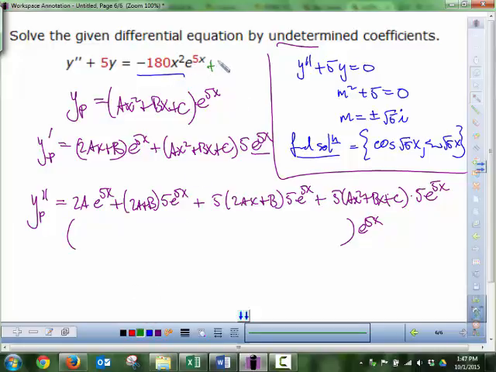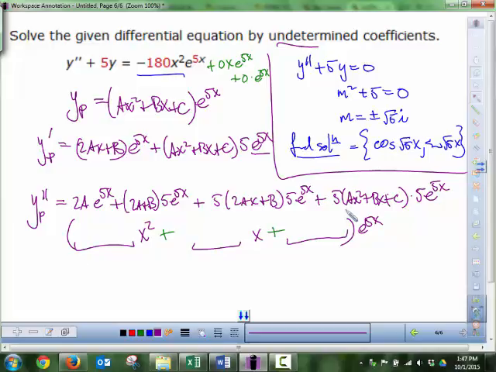We can also imagine that this general polynomial ax squared plus bx plus c can be expanded here, where a is equal to negative 180, b is equal to 0, c is equal to 0 for the right-hand side. And so I'm going to want to gather all my x squareds together, all my x's together, and all my constant terms together.